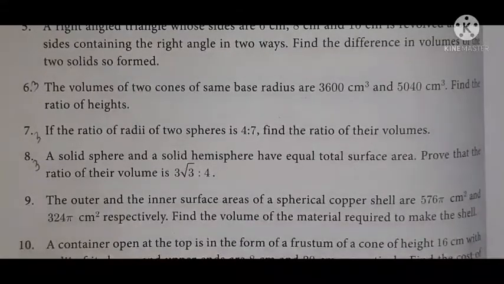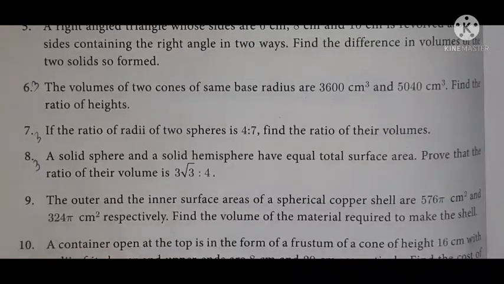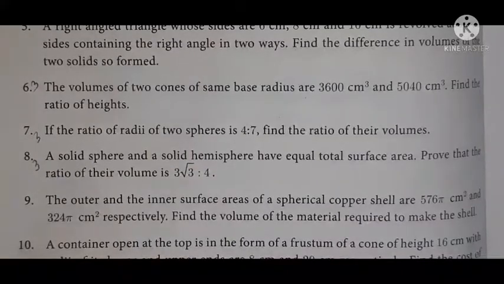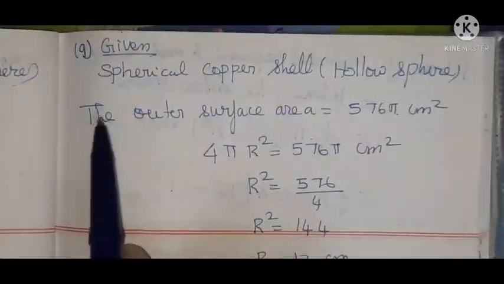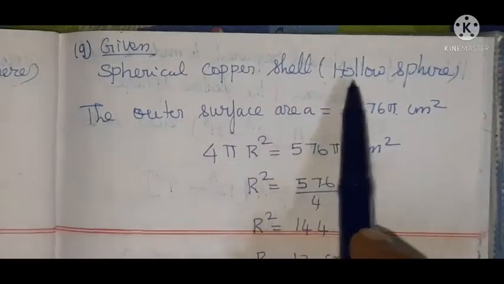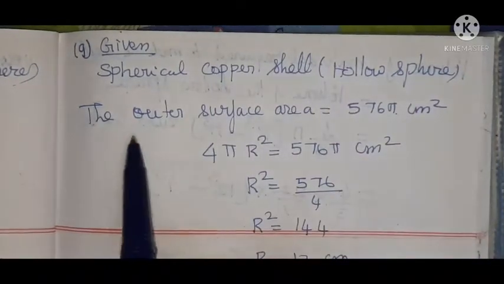The outer surface area is 576 pi centimeter square and the inner surface area is 324 pi centimeter square. To find the volume of material required to make the shell.